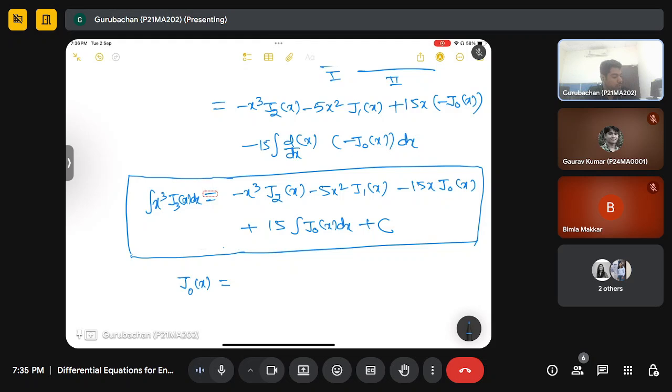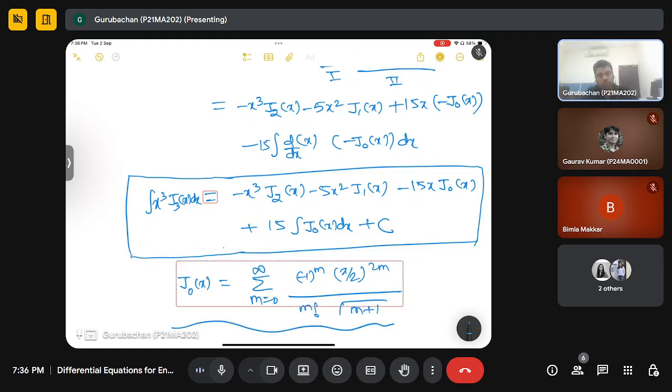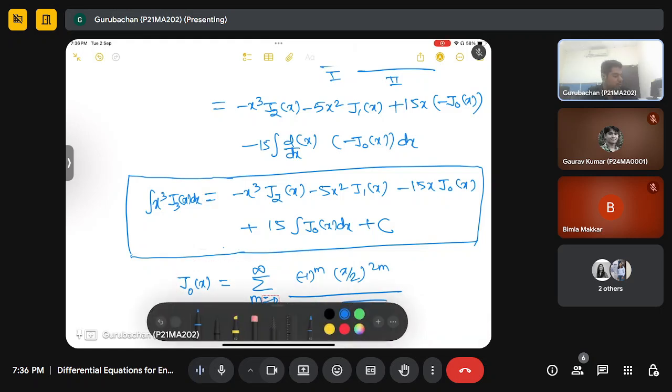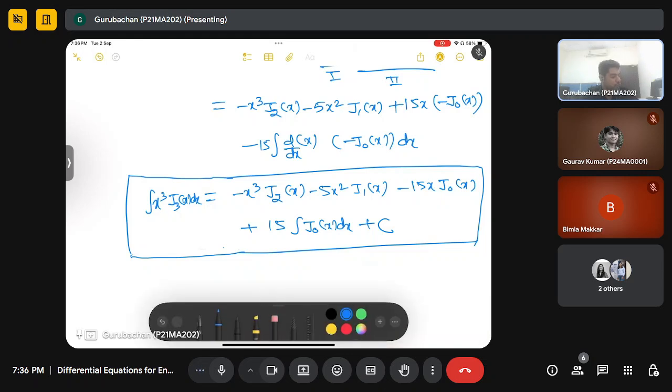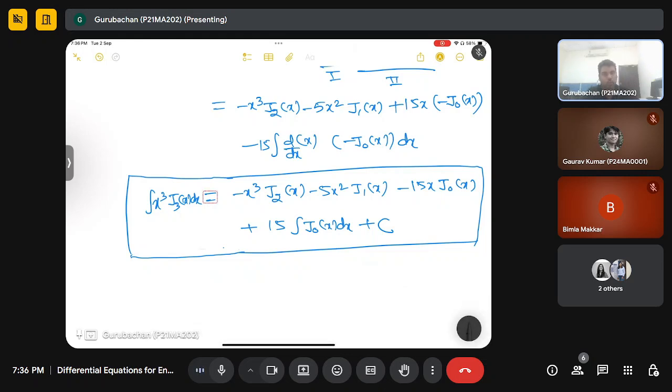So J0(x) will be some series, sum m from 0 to infinity of minus 1 to the power m, x by 2 to the power 2m divided by m factorial m plus 1. So it's again a series, so you have to integrate this one. So I'm leaving this part. So this will be your answer in terms of J0, J1, J2.